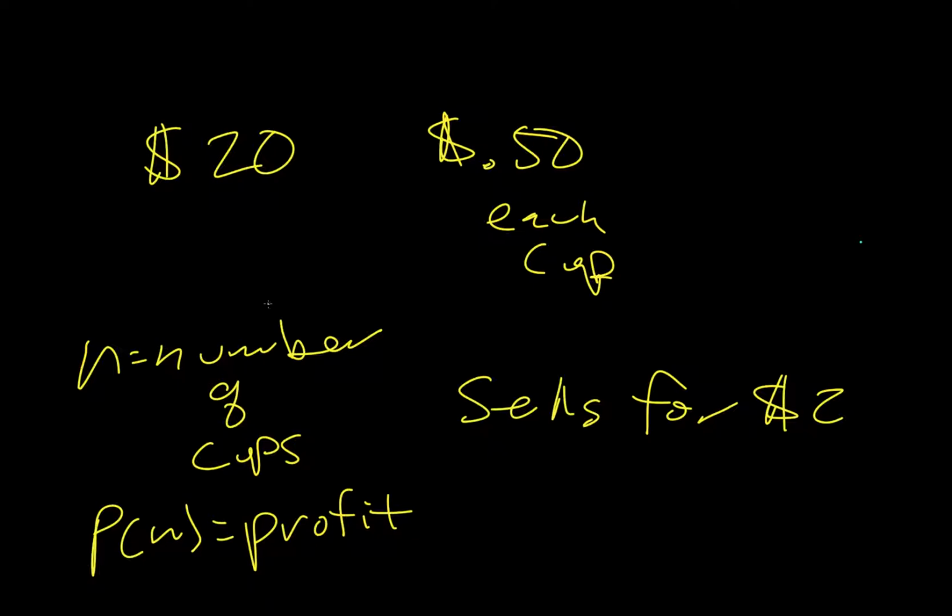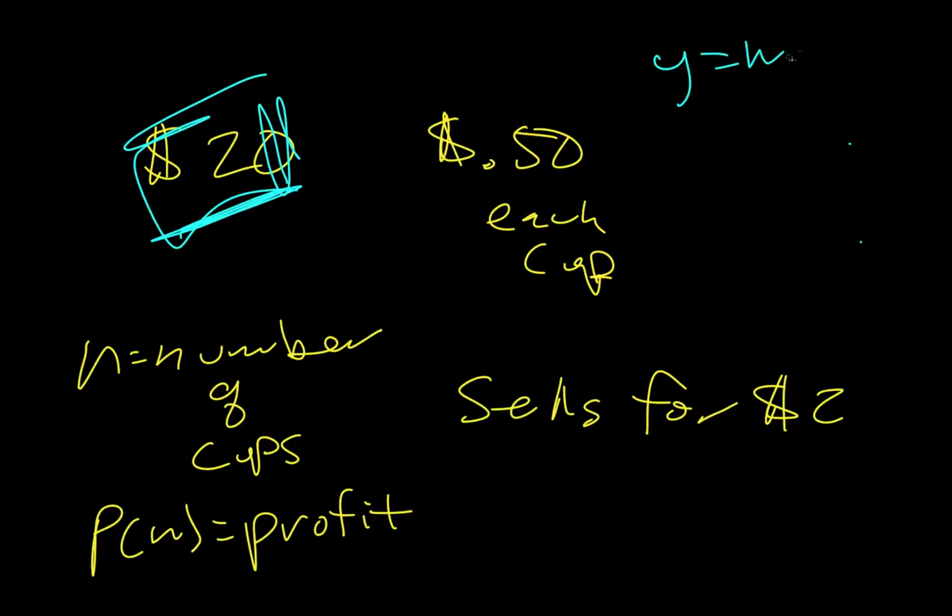So once again, we could make a graph, but I'm not going to make it this time. So this is going to act as our y-intercept because it's a set amount. So if I'm doing y equals mx plus b, I'm going to do $20. And then number of cups, that's going to change.